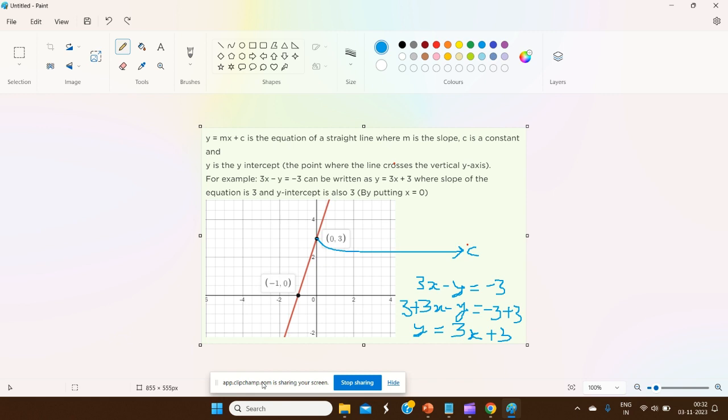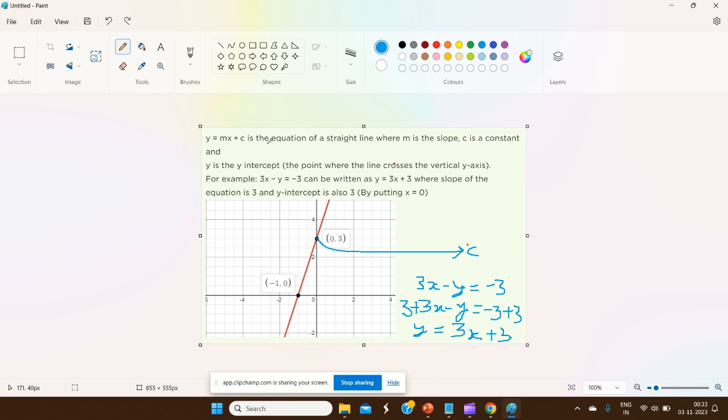I believe in class nine in India they teach this. The teacher gave us this question: the equation is 3x minus y is equal to minus 3, and you have to find the x and y coordinates. We all know the equation of a straight line is y is equal to mx plus c.